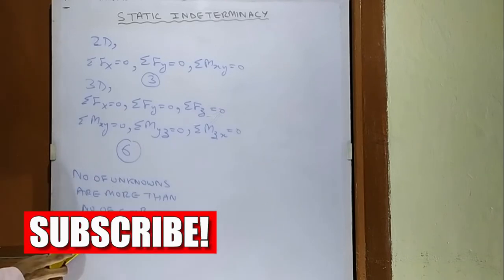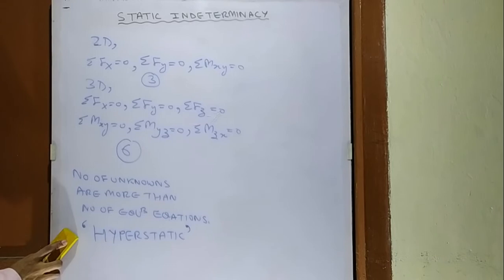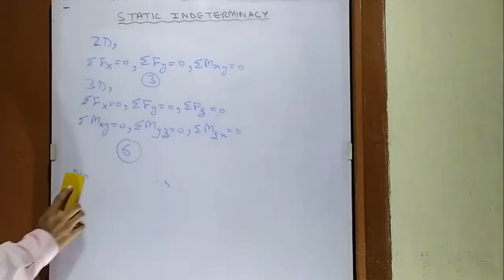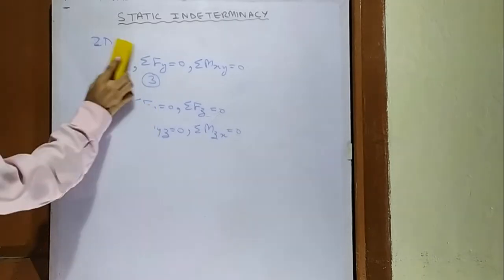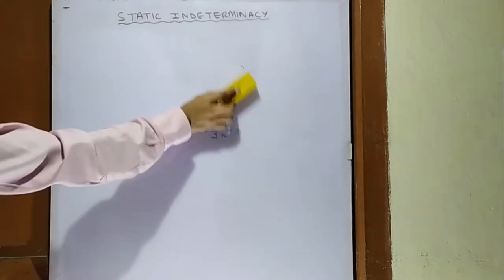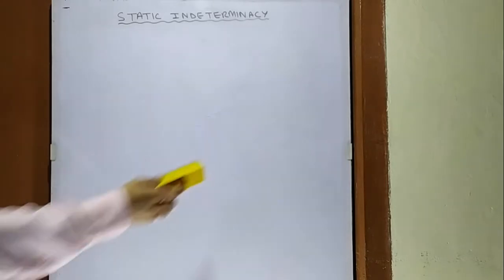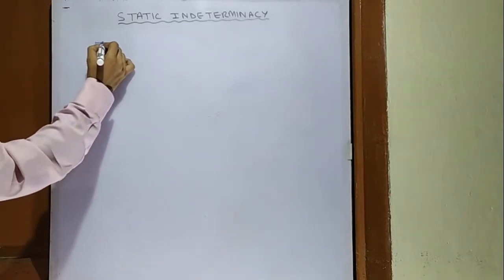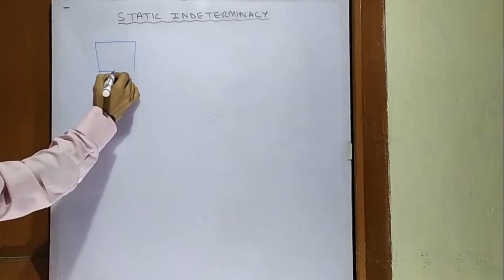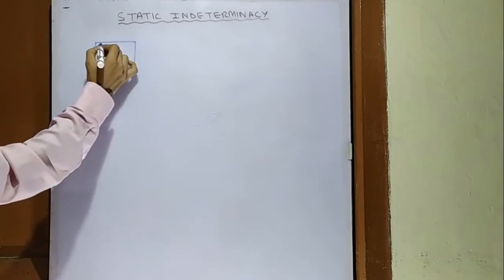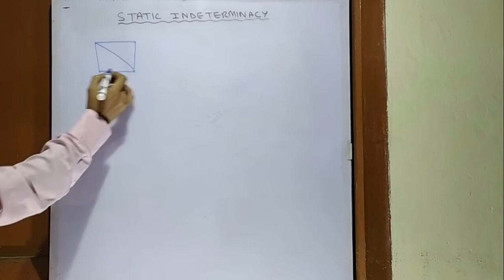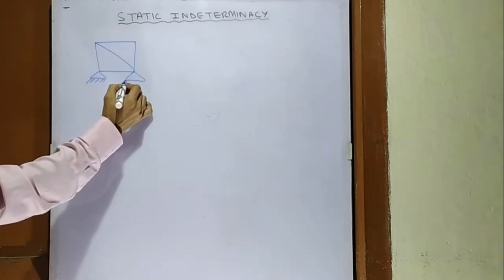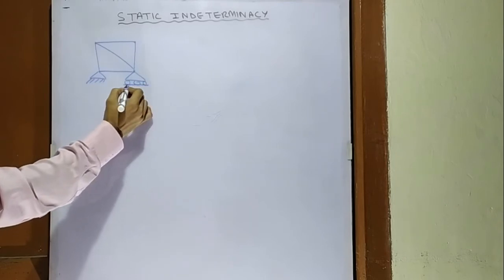Now what are the types of static indeterminacy? So in a structure, what are the main components of a structure? Okay, if we just look at a structure like this, let's say this is a truss, and here it is a pin support and here it is a roller support.